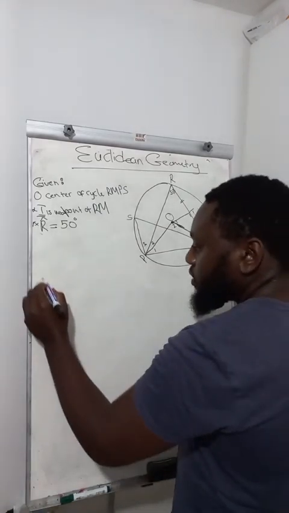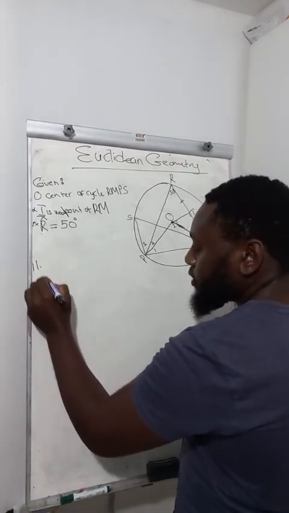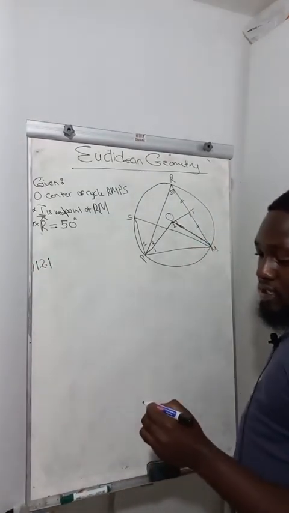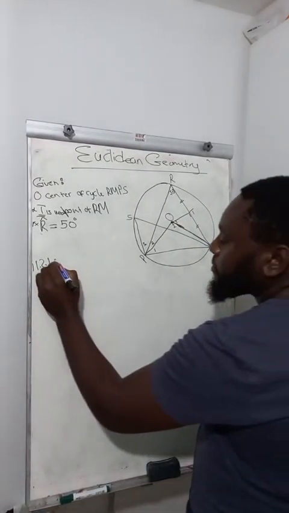Now, the first question says this, I think it is 11.21. It says calculate with reasons.